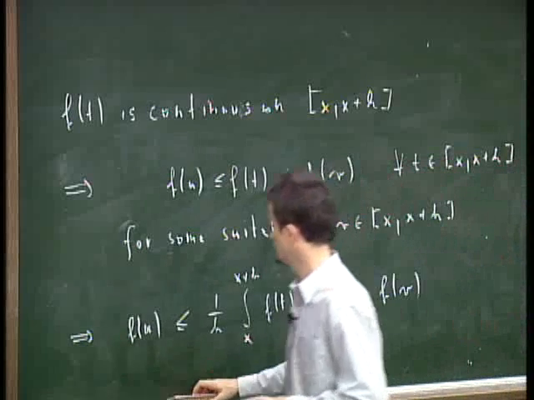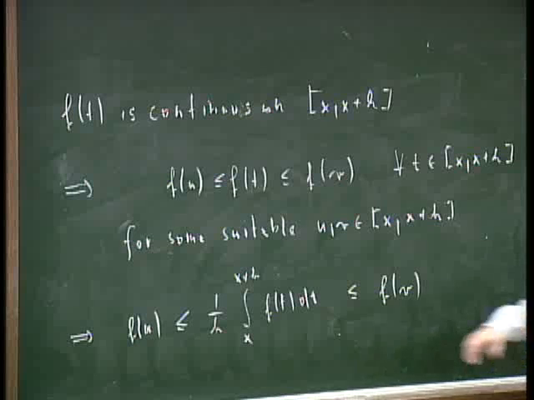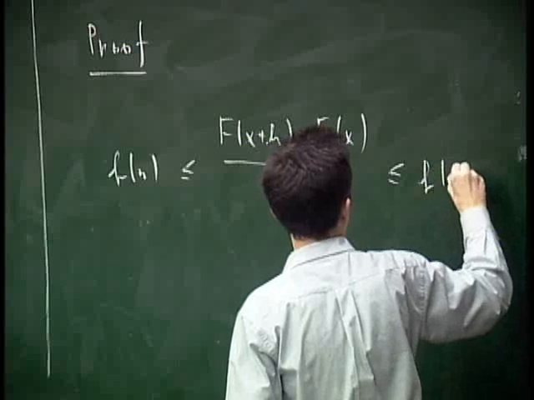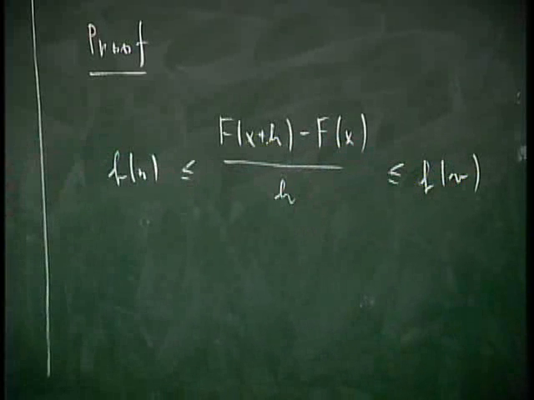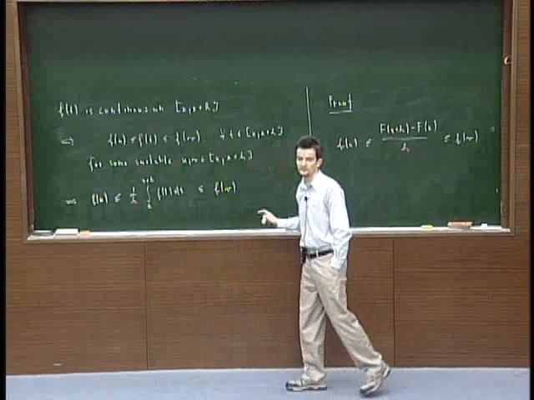So f of x plus h minus f of x over h is larger equal than f of u and smaller equal than f of v. Actually everything I have done so far is for h larger than 0, but for h smaller than 0, you can do the same. You just have to be careful about the inequalities.